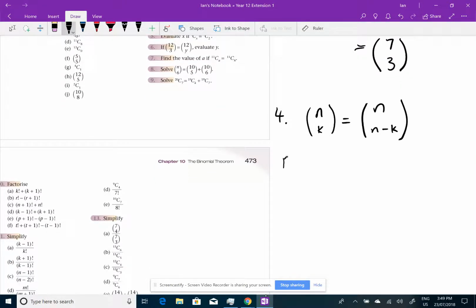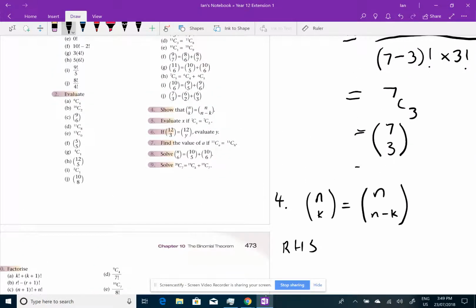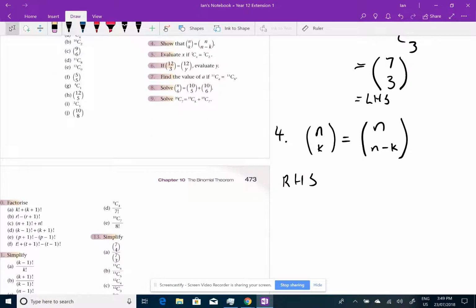So I'm just going to take the right-hand side. Oh, by the way, I should have finished that off and said it equals the left-hand side. So the right-hand side equals n factorial over k factorial, n minus k factorial, it's our definition, times n minus k factorial.